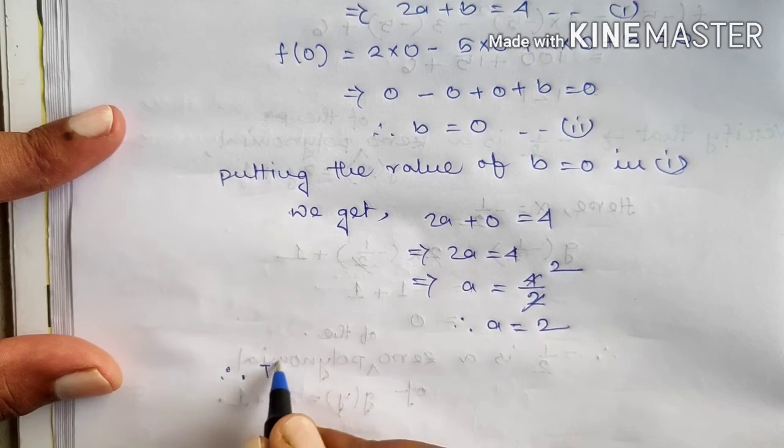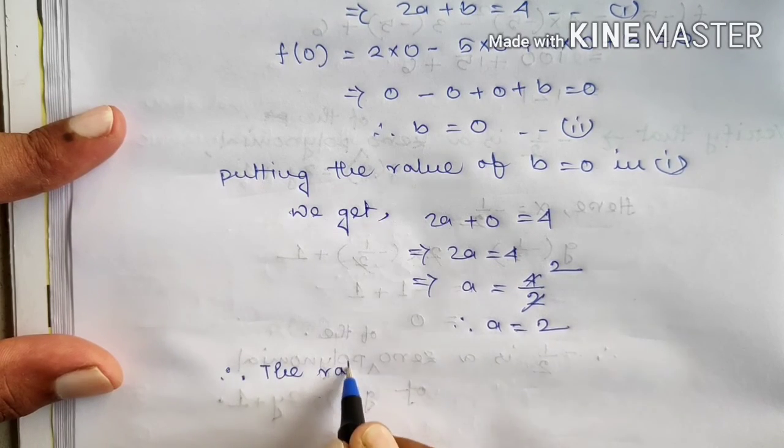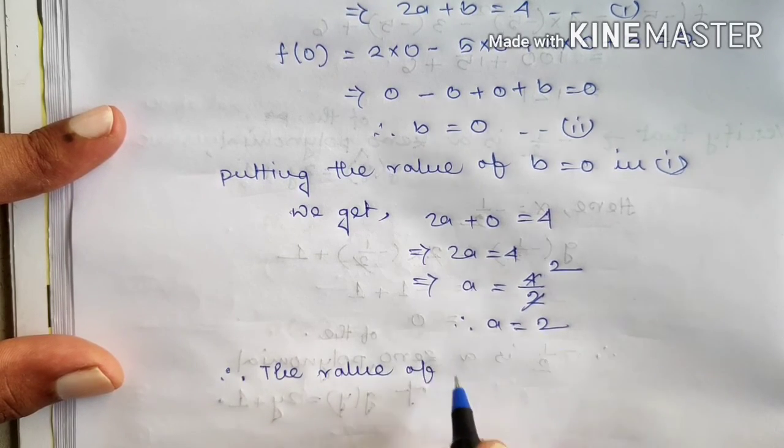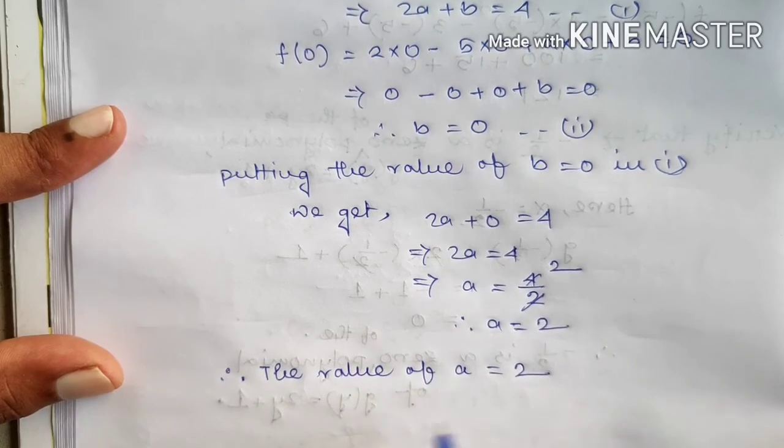Therefore the value of a equal to 2 and the value of b equal to 0.